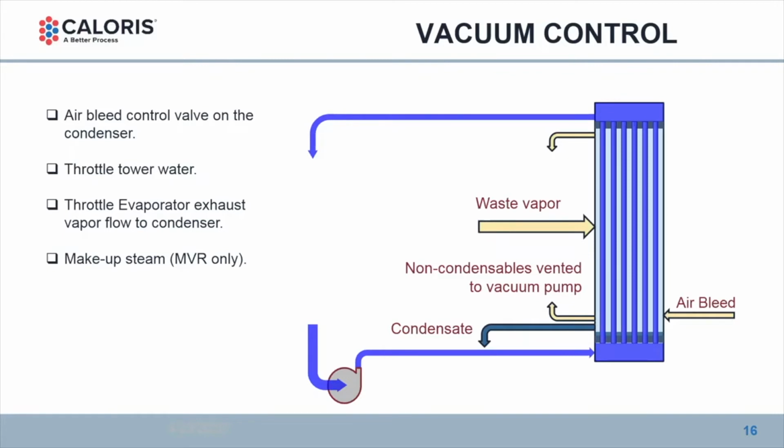And if you want to raise your boiling temperature in your evaporator, the fastest way to do it is to reduce the vacuum level in the surface condenser. An extremely effective way to do that is to open up a small air bleed valve and let a little bit of air go in there, because the specific volume increases so quickly, it will very quickly displace condensing vapors from the surface areas of those condenser tubes, and your pressure is going to increase.